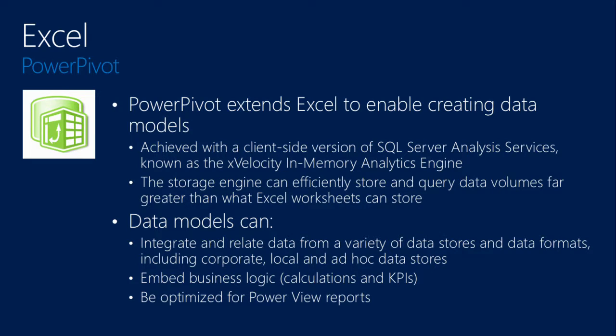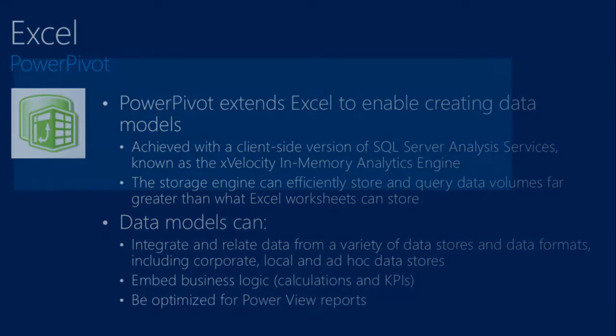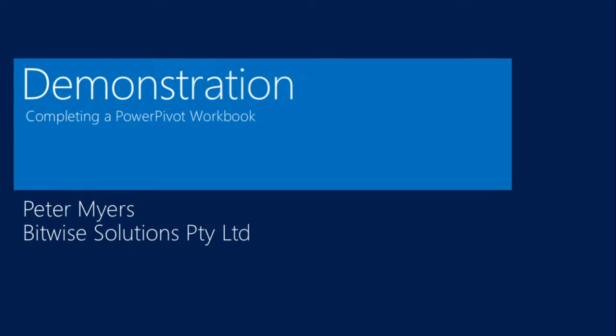And therefore, it is now potentially possible that you could have hundreds of millions of rows of data stored within the data model of the workbook, and then you could connect to this via Excel reports, pivot tables, pivot charts, and so on. So this topic deserves one or more dedicated sessions to really show off and talk about what Power Pivot could do. Let's use this for the first demonstration.